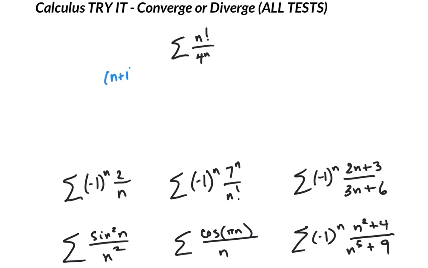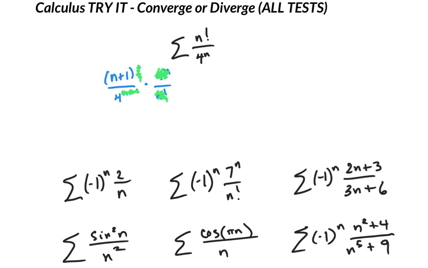So I'm going to use ratio test. We do the next term, putting in n plus 1, divided by the original. So I'm going to multiply by the reciprocal. And I always do this kind of reducing right away. I've got one additional 4 on the bottom. n plus 1 factorial is the same as n plus 1 times n factorial.